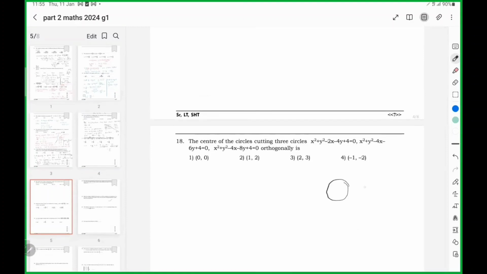So here 3 circles are intersecting. Or to have more clarity, 1 minute.